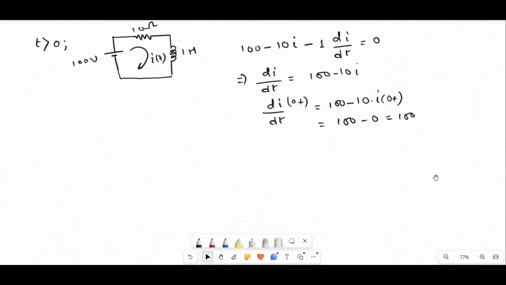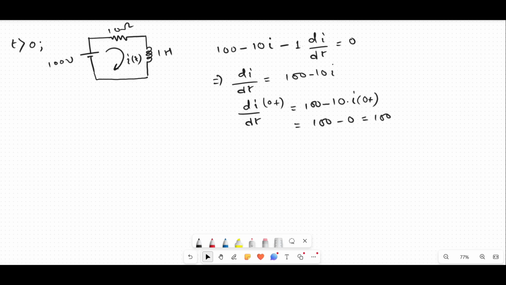Now let us move ahead and see what will be the value of d2i/dt2. The value of d2i/dt2 will be determined by taking a differentiation here. If we differentiate this again, it will be d2i/dt2 equals, the 100 will become 0 because the differentiation of a constant is 0, then we have minus 10 di/dt, right?